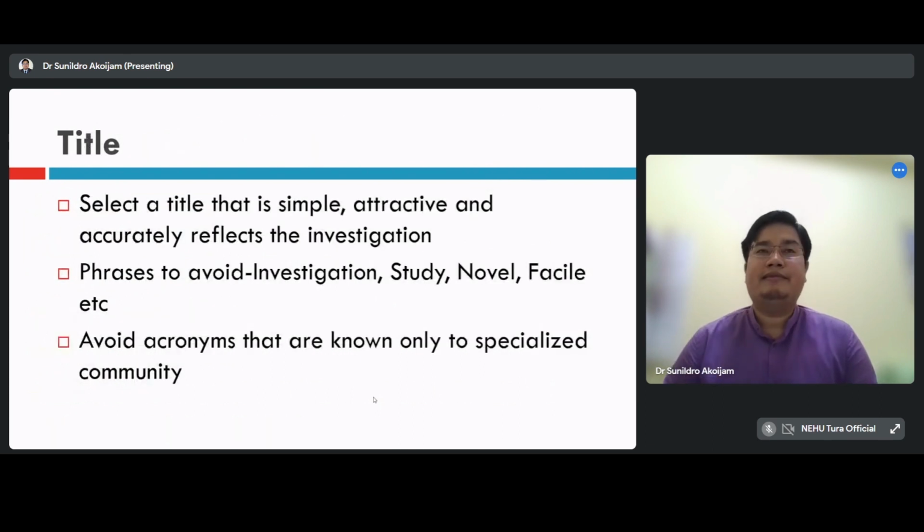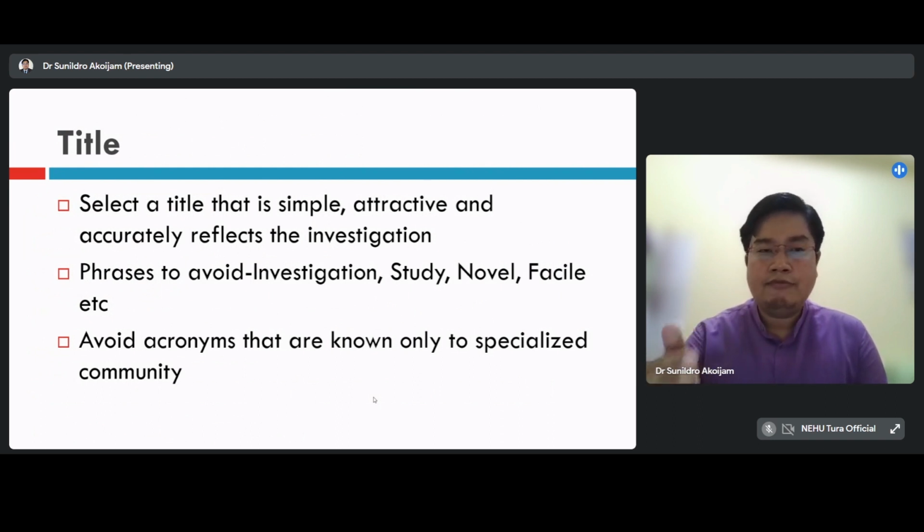Now coming to title. Title is the first thing that you are supposed to write in a paper. And many young researchers take the title for granted. But let me tell you, when your readers, or the reviewers or even editors try to evaluate your paper, the first thing that comes to their mind is the title.